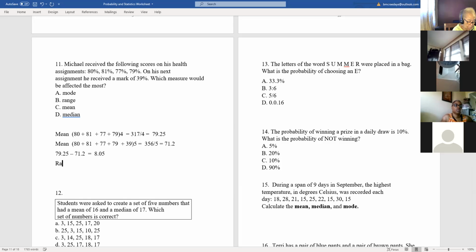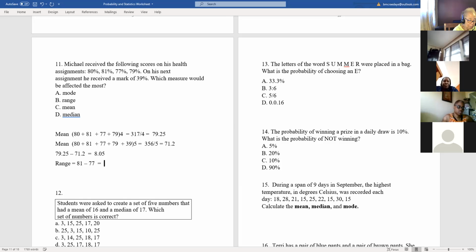Now, what about the range? The range is high minus low, right? What's your highest score? The highest score is 81. Okay, so the first one is 81. What's your low score? 4. And the first one is 77. 77, right? And what's that equal to?